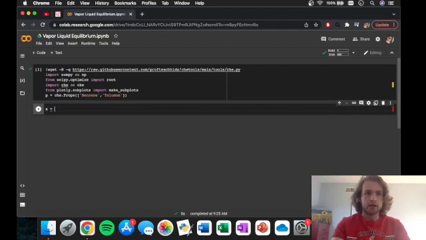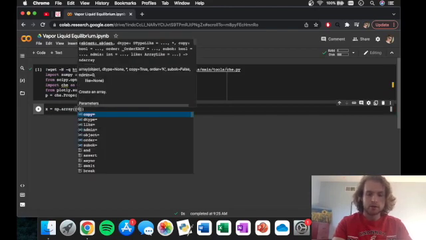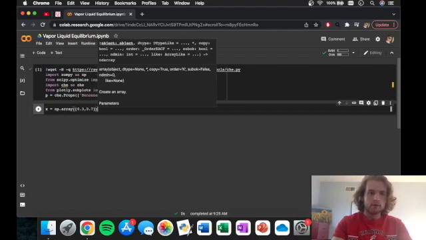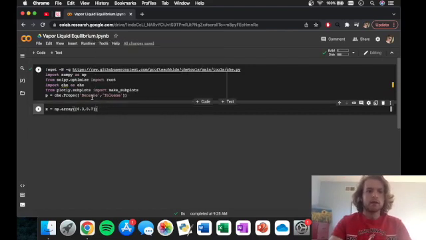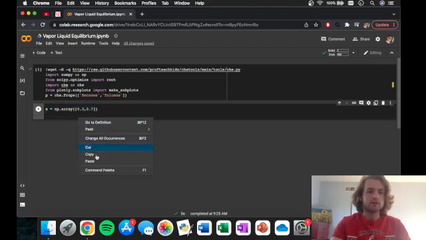So x is equal to np.array, and that's going to be 0.3 and 0.7, representing the percentage of benzene and toluene in there. And we're going to do another one for y to represent the gas phase. So we're going to paste that on down there and write that in as y.